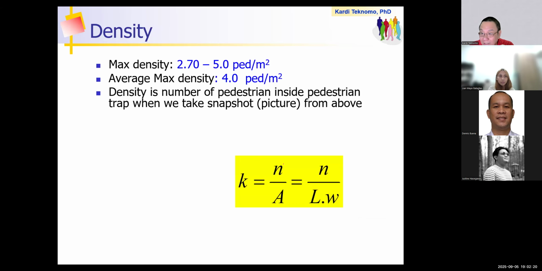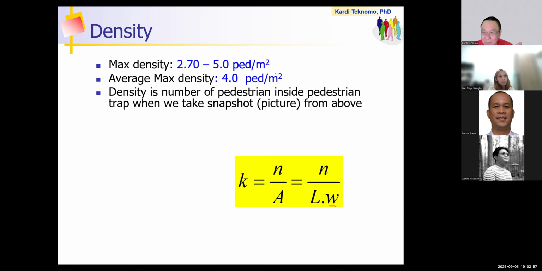Here represents the number of vehicles or pedestrians from the top view within that instant picture, and then divided by the area, in this case L times W. Remember, W is always the number of lanes in vehicles, while for pedestrian we use width. For pedestrian, usually average density is about 4 pedestrians per square meter.